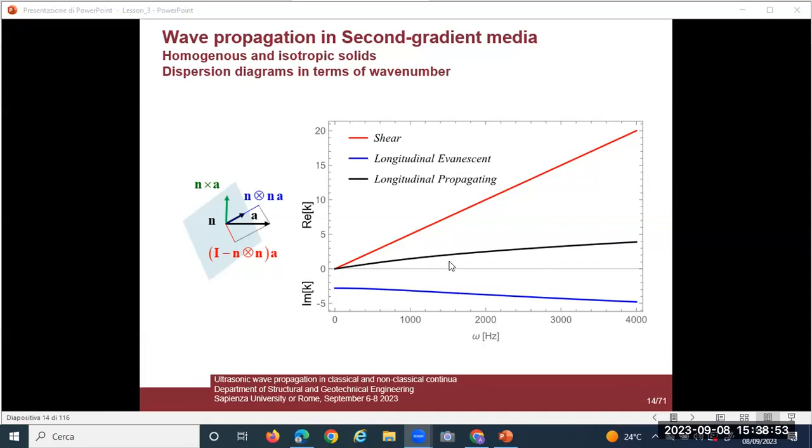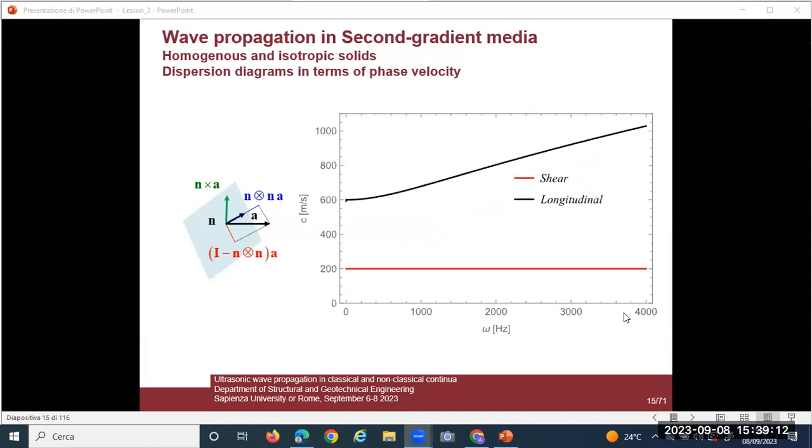So in this case, depending also on how you set the constitutive constants, you can obtain real or complex wave numbers. Anyway, here I got just real and completely imaginary wave numbers.